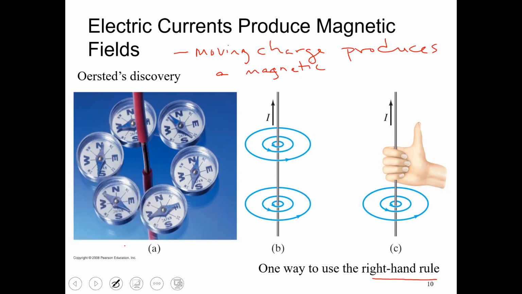You take your thumb of your right hand, and just like this image shows, you point it in the direction that current is flowing. Then the direction that your fingers naturally curl around that wire is going to be the direction of the magnetic field. So you can see that with these blue lines here in this picture. That's the direction your right hand fingers would naturally curl if you point your thumb in the direction of current.